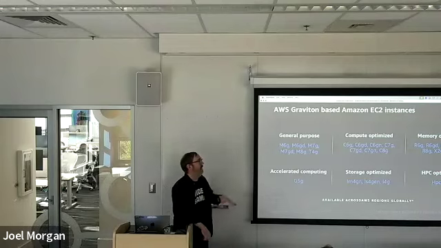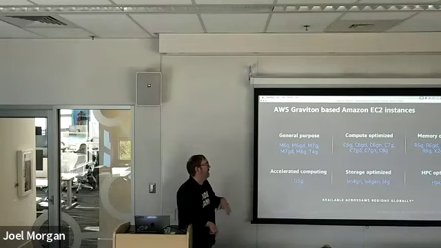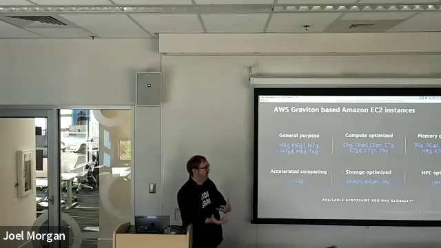So anyway, we have different families: general purpose, compute optimized, memory optimized, accelerated, storage optimized, and HPC optimized. What this means is the machines these virtual systems are running on are configured differently. They may have different hardware, purpose-built for different things.